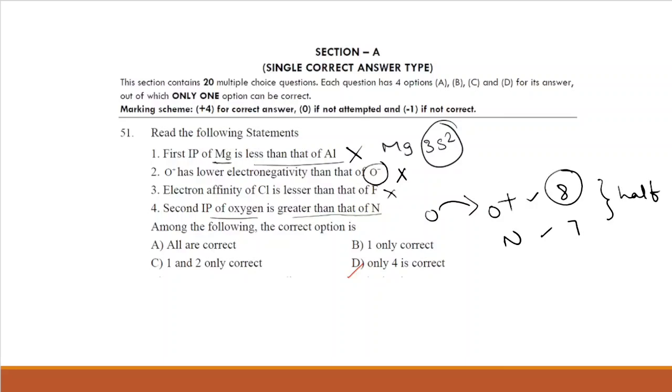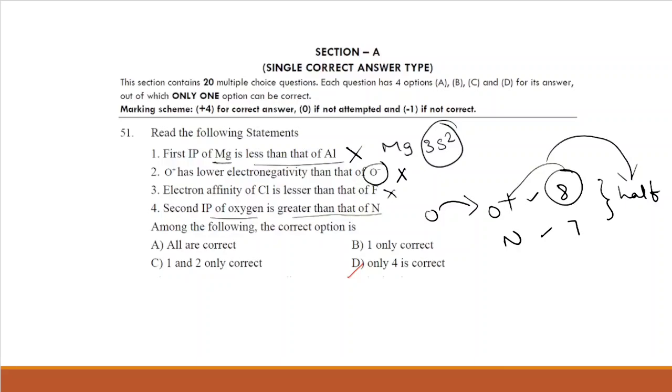So the 8 protons in the O positive ion hold the half filled electrons more tightly than nitrogen, and hence the second IP is greater than that of nitrogen. So the fourth one is correct. So only 4 is correct, right? So this is how to analyze the statements.